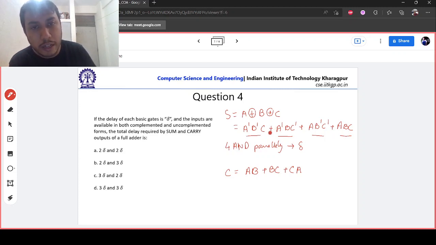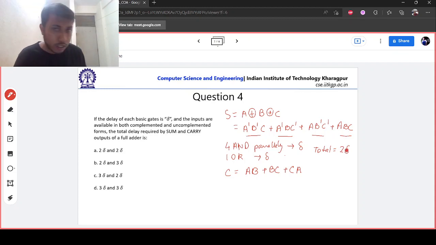Next, after we get the result of these 4 AND operations, we will just use an OR to add them up. So that will require another delta. So the total delay is delta plus delta, 2 delta.